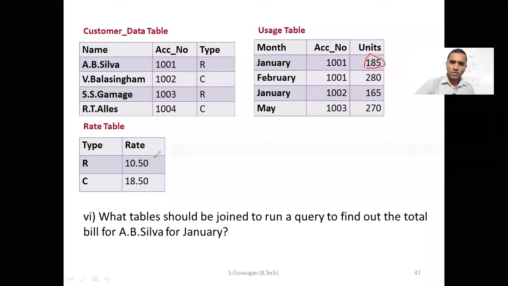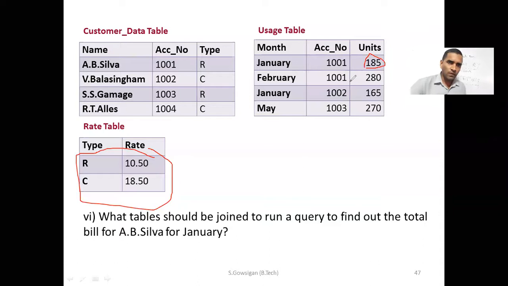But the problem is you have two rates. So you have a doubt whether to multiply 185 by 10.5 or by 18.5. There's a problem because you don't know the type of AB Silva.